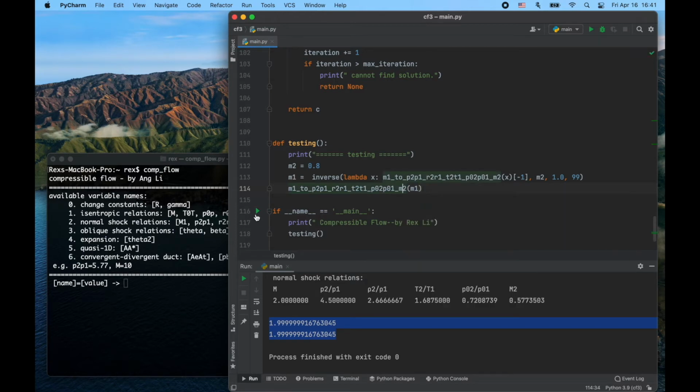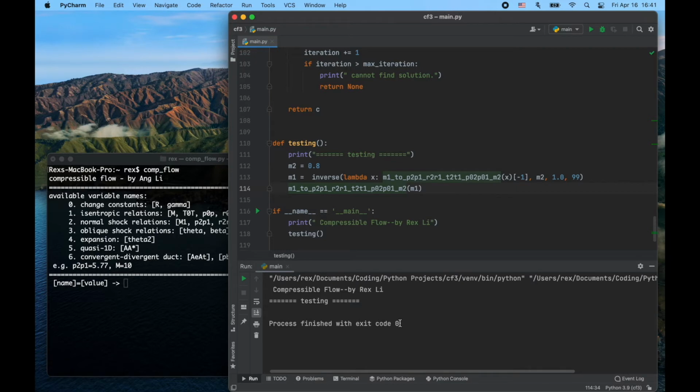Let's see our result. Sorry, I forgot to print. Oh, yeah, my bad. Print normal. Let's see our result.